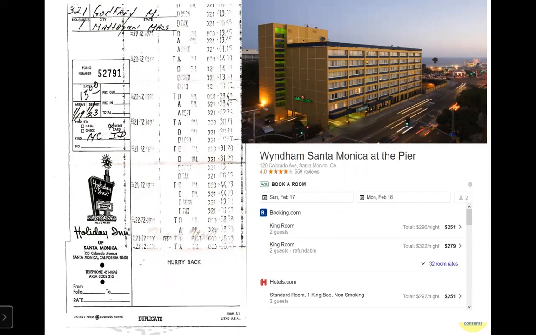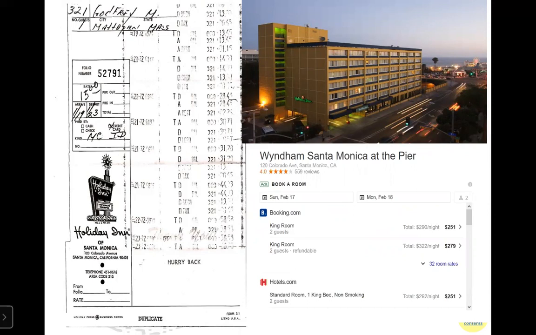On the left hand side is a copy of an original receipt. If you read this carefully, you can see the receipt was printed on January 23rd, 1972. I have a friend who went to that hotel in 1972 for a conference.